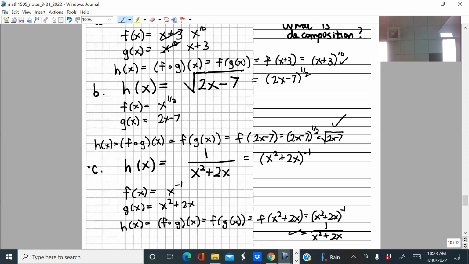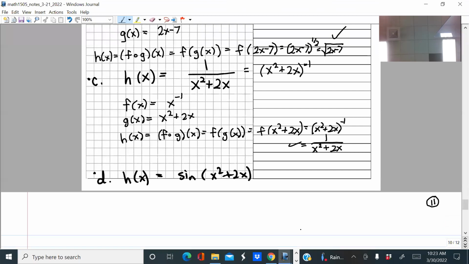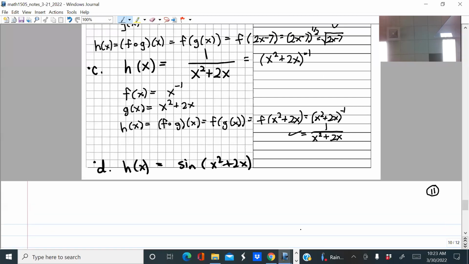Now the last example here of decomposition, this one is a little bit different. So this doesn't involve a power, okay? So here my function is h of x is sine of x squared plus 2x. So instead of 1 over x squared plus 2x, here we have sine of x squared plus 2x, okay? And so I want you to try to decompose this one, right?